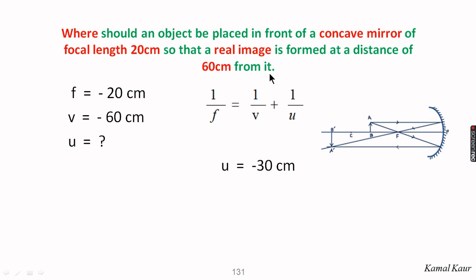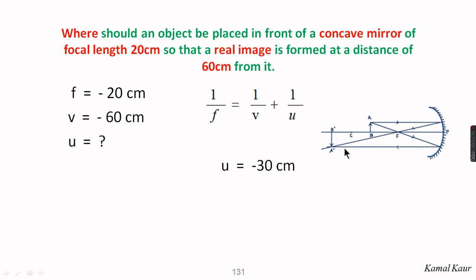Now this 60 centimeter is the distance of image, that is v. But for concave mirror we know that v can be positive, v can be negative also. Now how to identify whether it is positive or negative? So we need to look for the keyword here, and here is our clue that it is a real image. And for concave mirror, remember, whenever real image is formed, it is always inverted and it is always towards the left side.